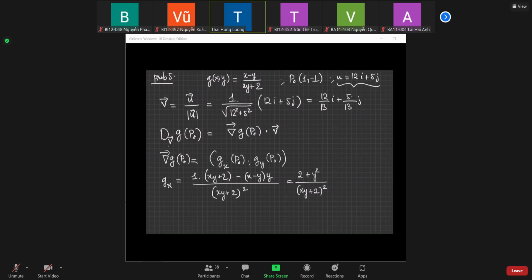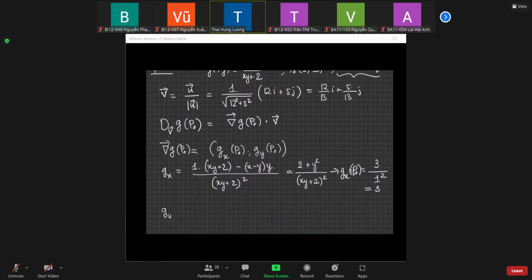Now let's use the assumption on p0 to get gx. gx at p0 is equal to, we have 3 on the numerator and 1 squared. So we have gx at p0 is 3, right?